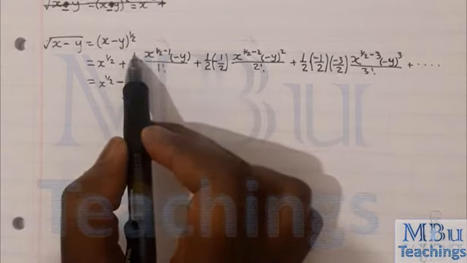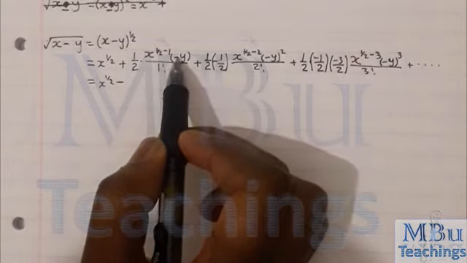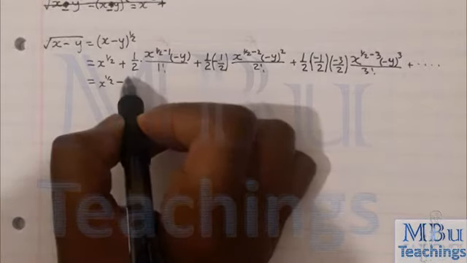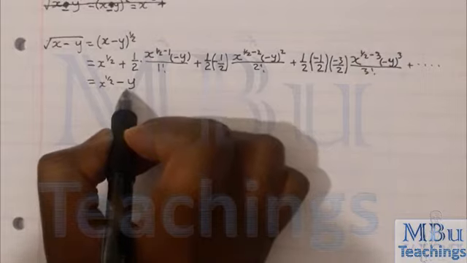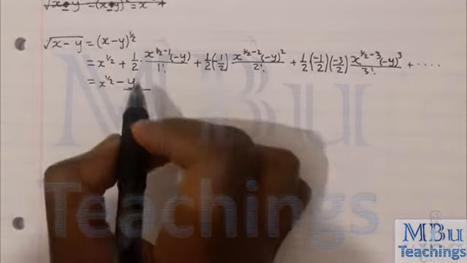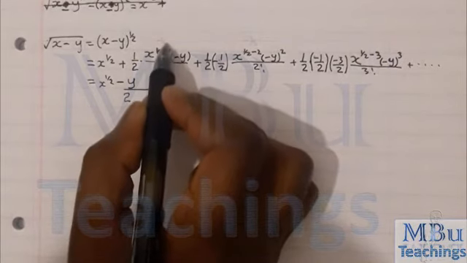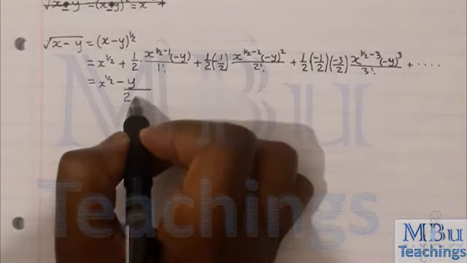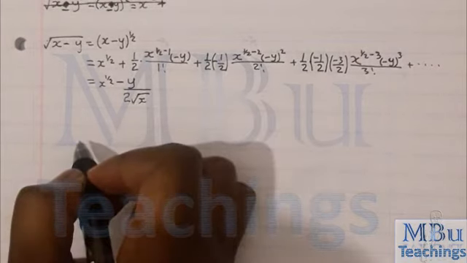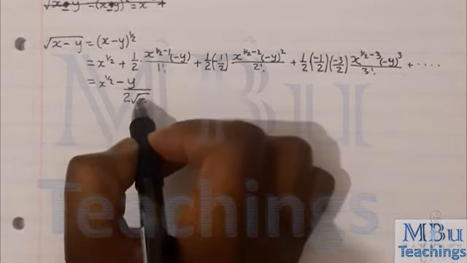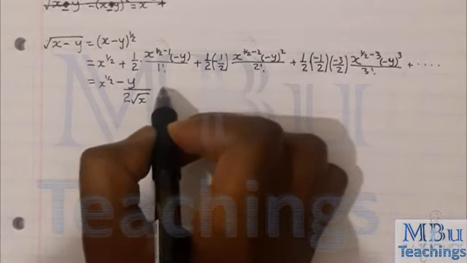So in other words, we'll have 1 times negative y, which is negative y as a numerator. Now the denominator will be 2. Then you'll also put that x under a square root, or you can just put x to the power half, doesn't matter.